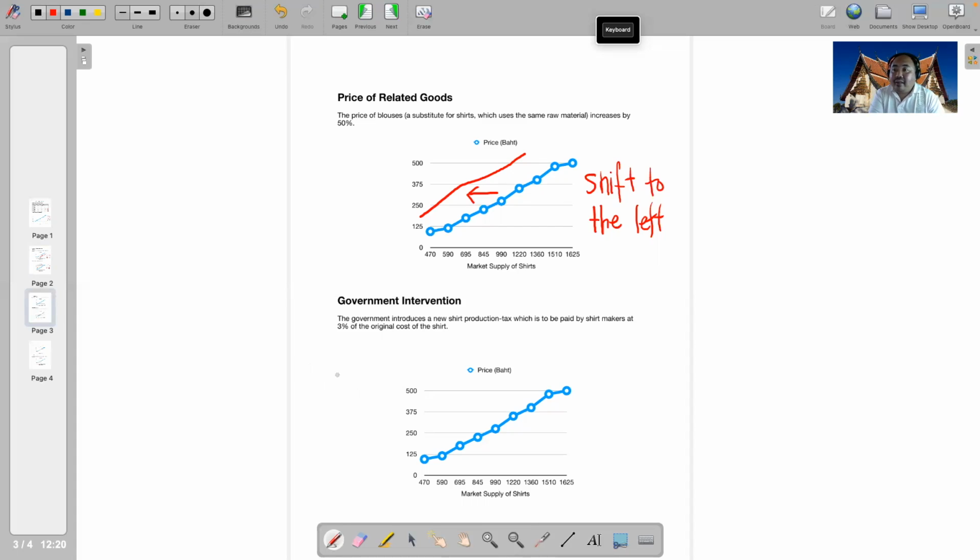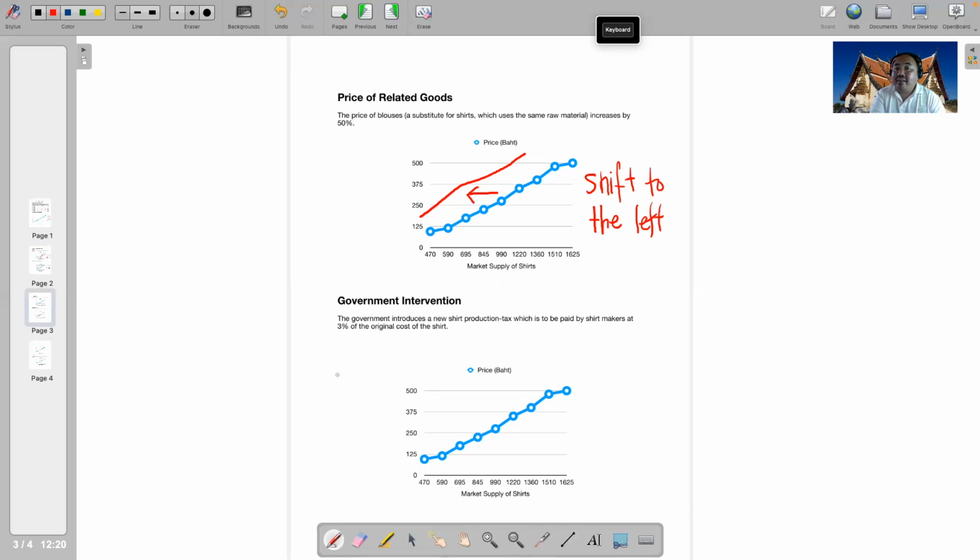If the making of a shirt costs 70 pesos, for example, then the government will have to tax 3% of 70, which is around 2 pesos, 2.1, 2 pesos 10 centavos. The government will take that from the maker of shirts.